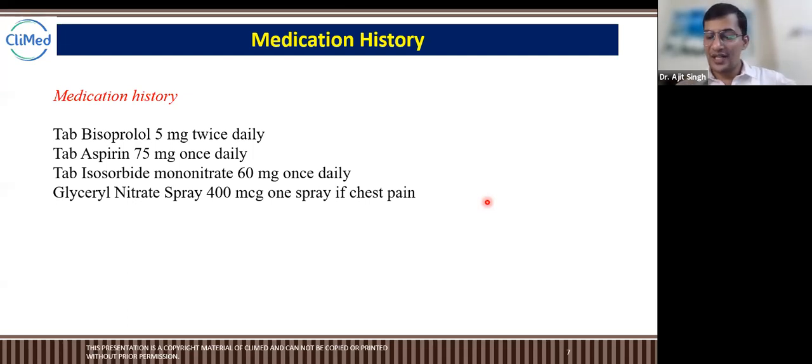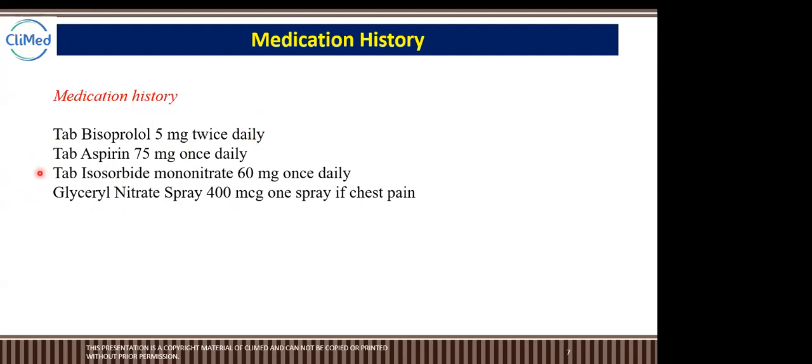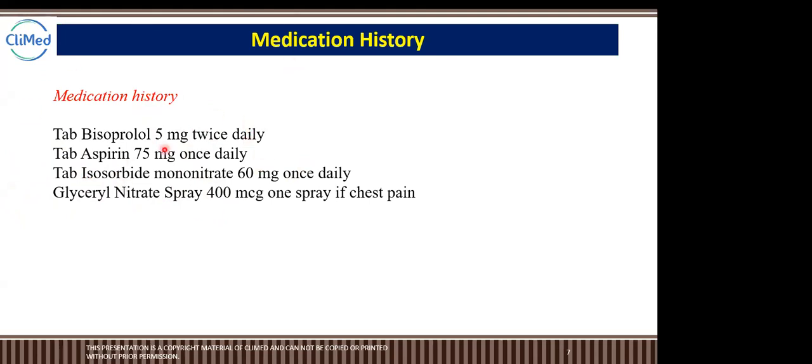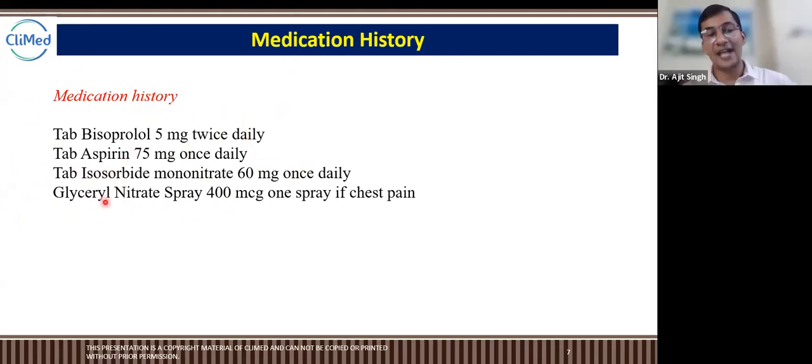Tell me the side effects or complications of bisoprolol in this patient, if possible. Shortness of breath? Due to bisoprolol? No. Hypotension, exactly. Blood pressure was 105 by 67, so it could be hypotension due to bisoprolol. Usually in heart failure patients, we consider lower blood pressure as good.